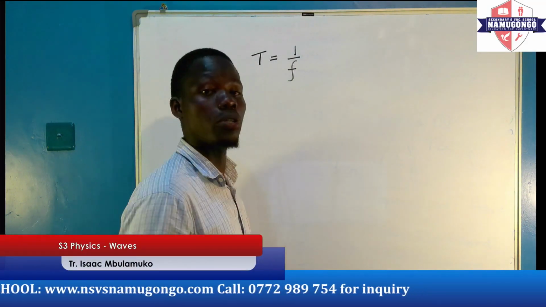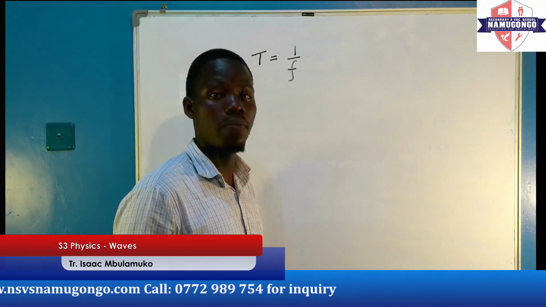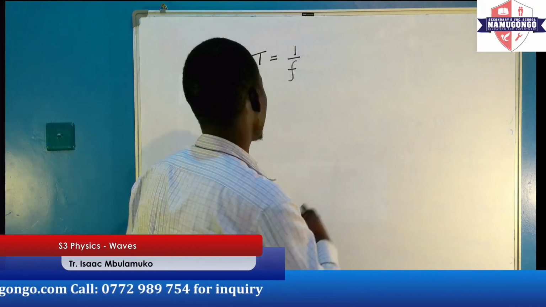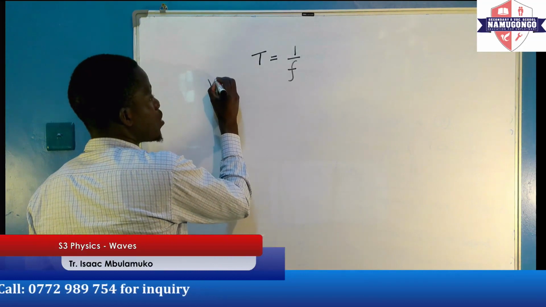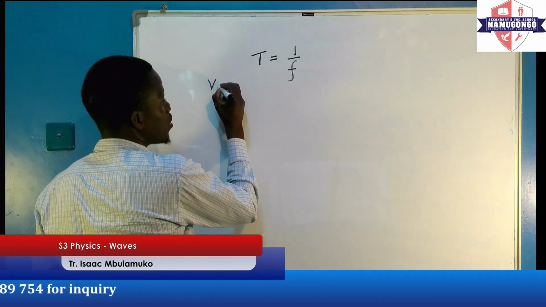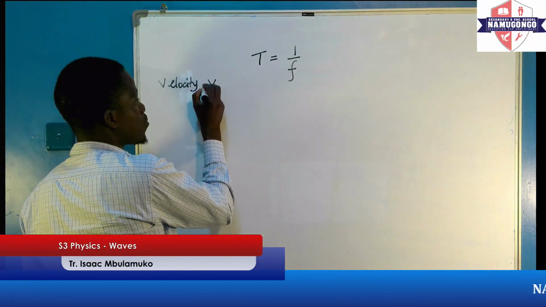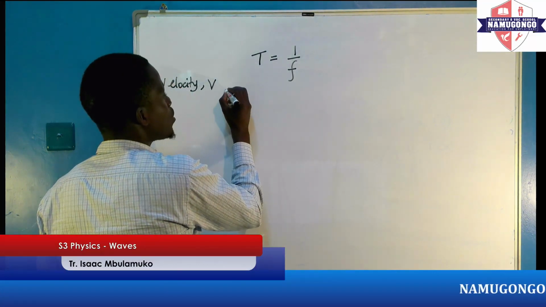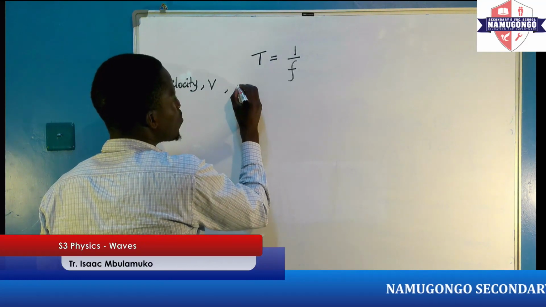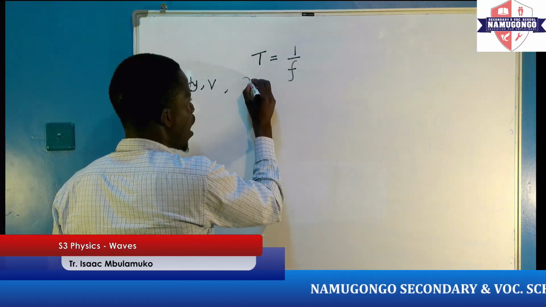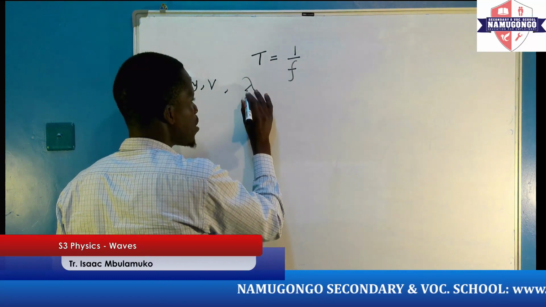So we are going to continue and look at the relationship between what we term as V, the velocity. We shall also look at the relationship between V and the wavelength lambda.